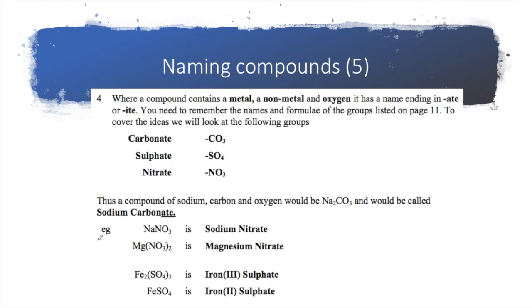All right, more naming of compounds. So now, if a compound contains a metal and non-metal, and it has oxygen, like for example, carbonate. So you see, there's carbon, there's oxygen. We normally add the -ate at the back. Now, keep in mind, you're not going to be asked to come up with these names, but you have to get used to these names.